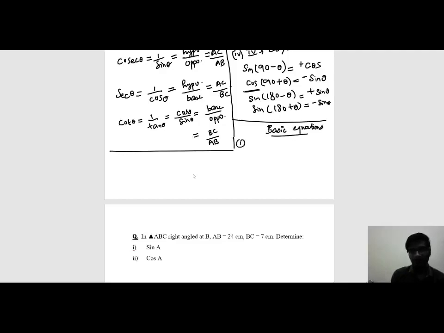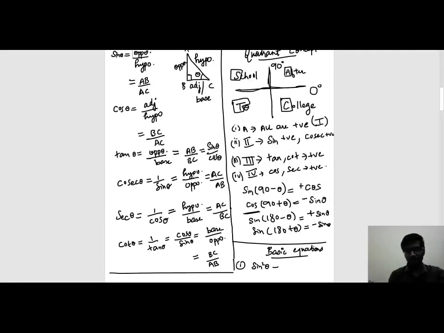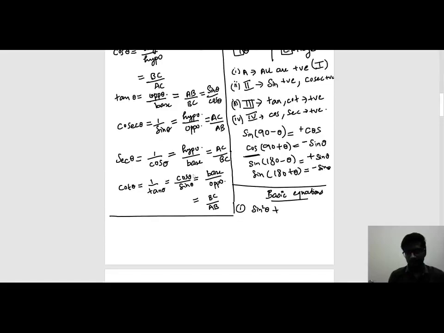First one: sine square theta plus cos square theta is equal to 1. Then coming to the second equation, sec square theta is equal to 1 plus tan square theta, or you can write it as sec square theta minus tan square theta is equal to 1.